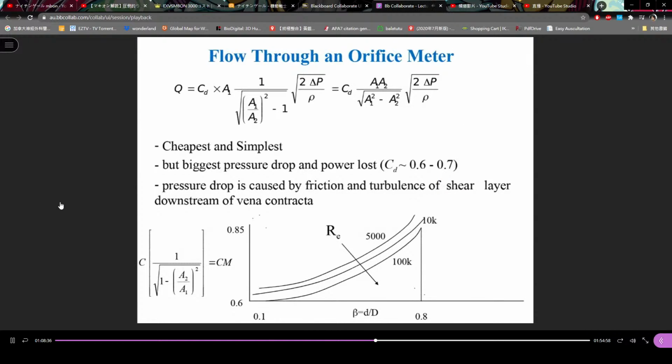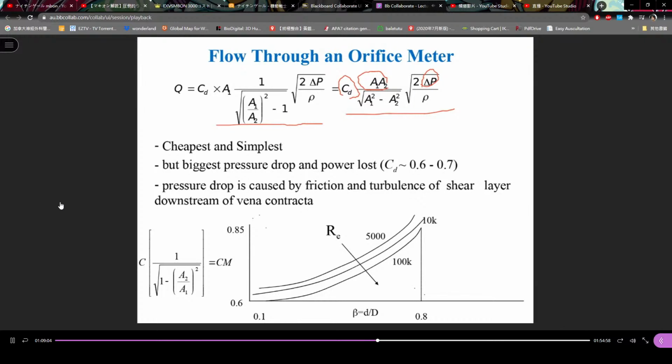And for flow through an orifice meter, we can still use this equation, the exact same equation. We measure the pressure difference at two points. Then we know the two areas, and then we know the coefficient of discharge, or discharge coefficient. Similar, exact same equation.